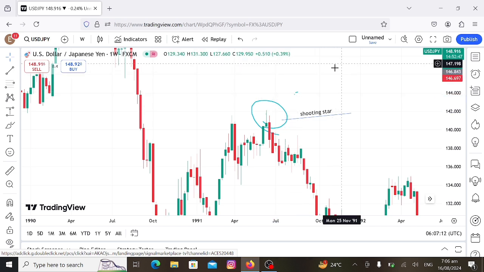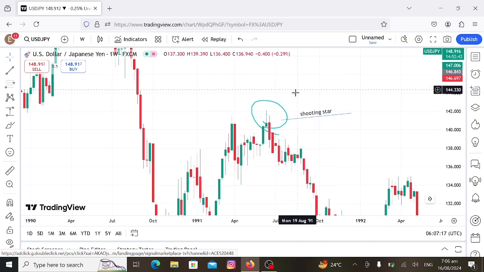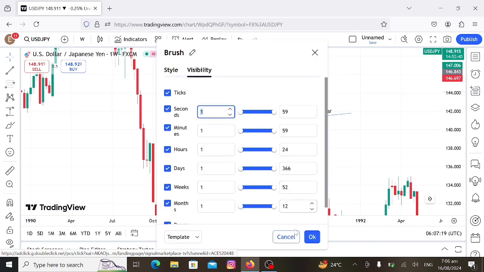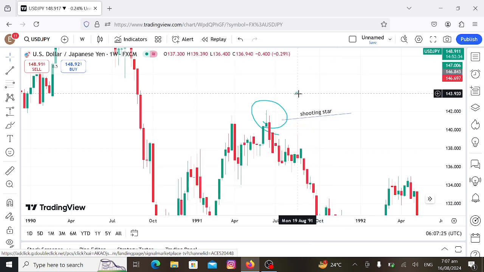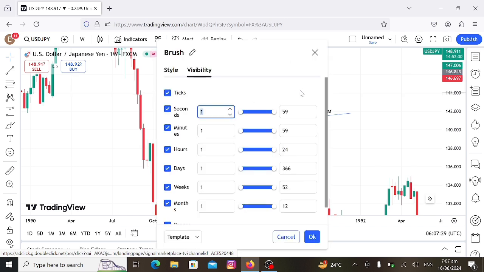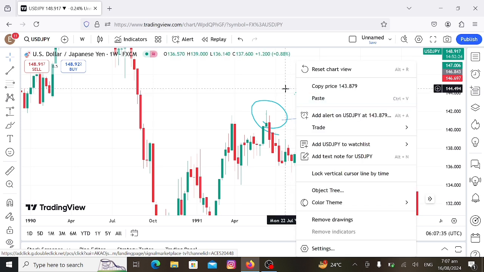So on your own part, what you are going to do, you should try to practice. Talking to my students, practice and spot this out using any other currency pair for you to have proper understanding.